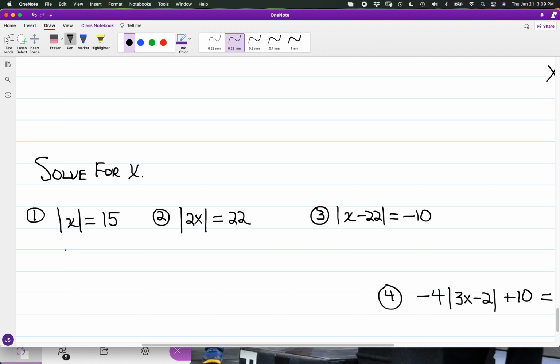If k is 15, then x is equal to plus or minus k, those numbers that are 15 units away from 0, positive and negative 15.